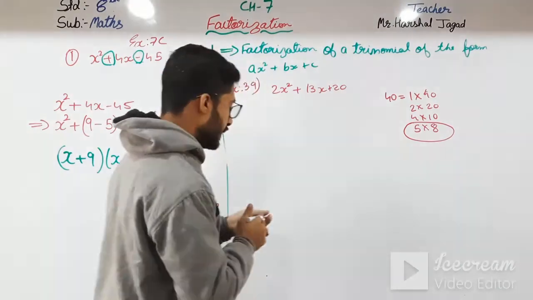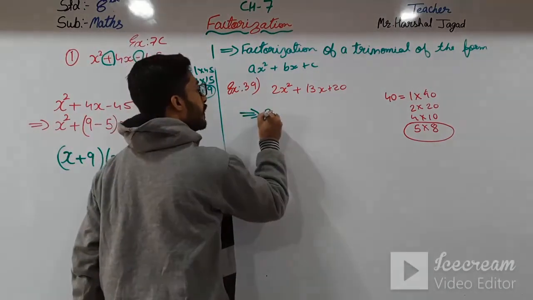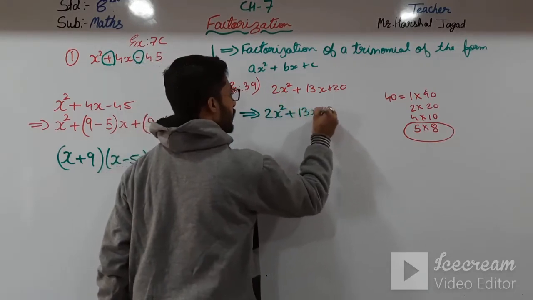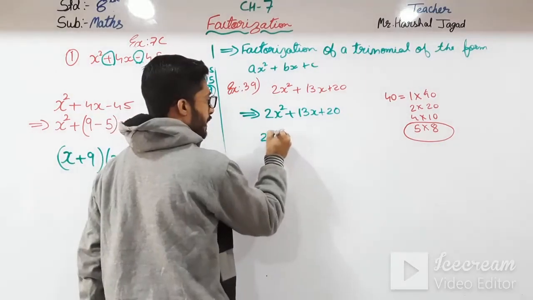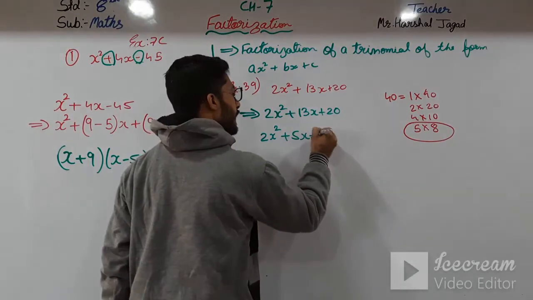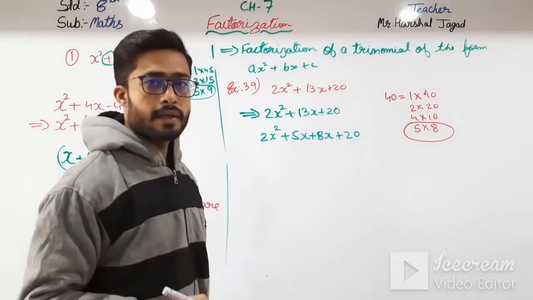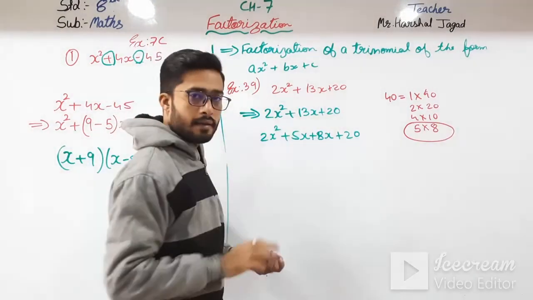Yes or no students? Yes. So here I can write 2x square plus 13x plus 20 is equal to 2x square plus 5x plus 8x plus 20. Yes or no students? Yes, I can write 5x plus 8x, that is 13x.